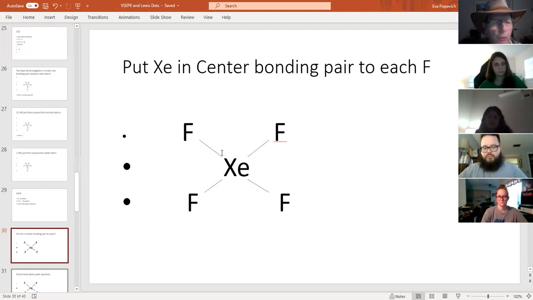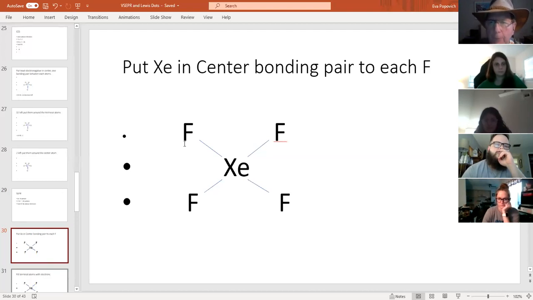Where do those electrons go? First around the fluorines. And I'm sorry, you just have to imagine that the lines or the dots are there. 2, 4, 6, 8, 10, 12, 14, 16, 18, 20, 22, 24.